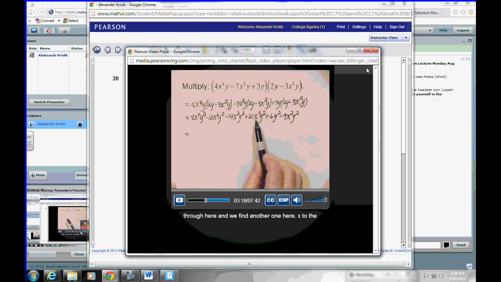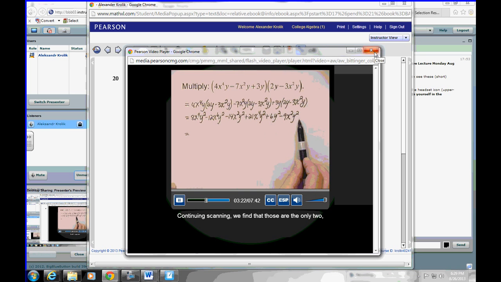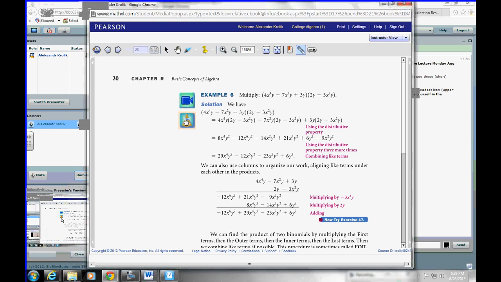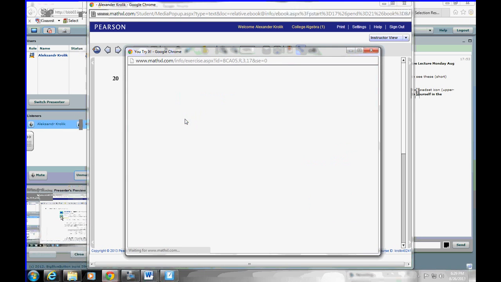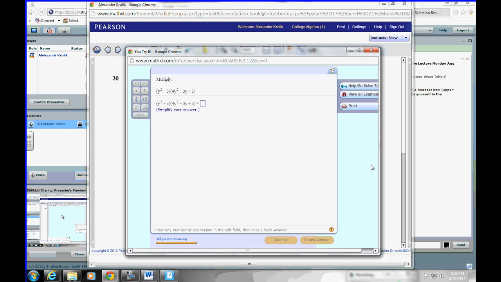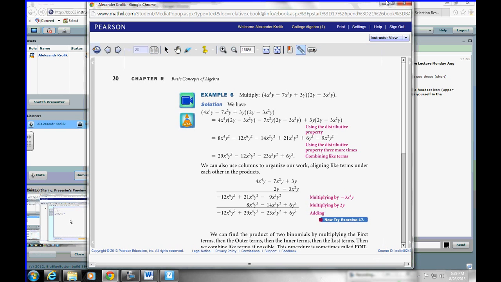And he'll talk for another 7 minutes. 2 is multiplied to the fourth y squared. We scan through here and we find another one here, x to the fourth y squared. So you get that, right? So this is better than the regular book, because it will give you little exercises you can play with as you work along and stuff like that.